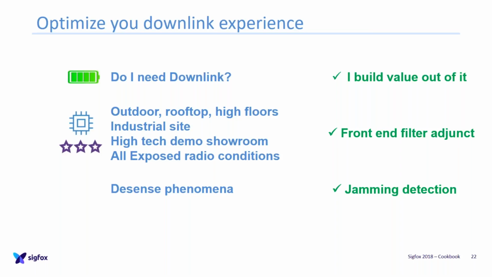This can be useful, and because your device will generate, let's say, signal artifacts in the presence of strong signals, this is something you can also use to build value out of it in the back end of your processing and application chain.